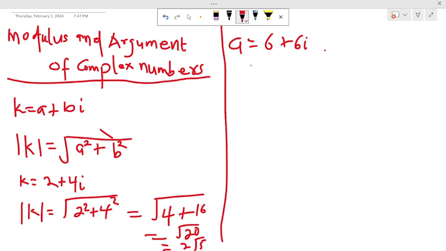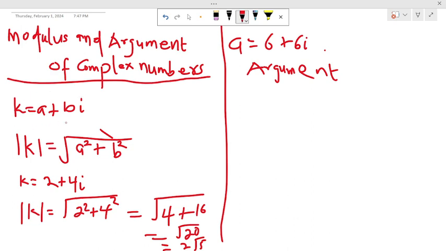Also, we can be asked to find the argument of a complex number. So suppose we have a complex number a plus bi in this situation.